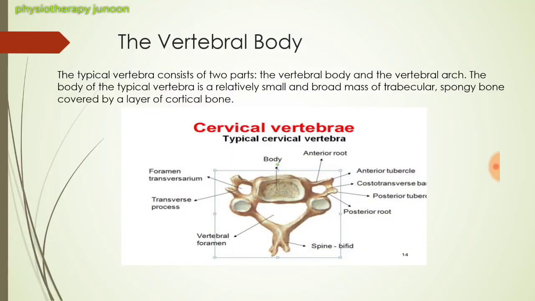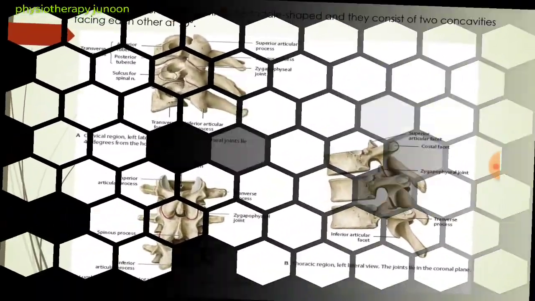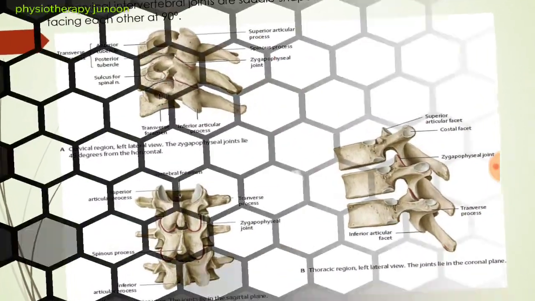The vertebral body we saw earlier. This is the vertebral body. The typical vertebra consists of two parts, one vertebral body and one vertebral arch. The body of the typical vertebra is a relatively small, broad mass of trabecular spongy bone covered by a layer of cortical bone. And in the vertebral arch, we see the lamina.